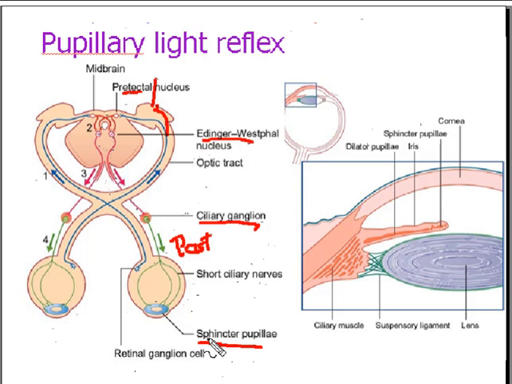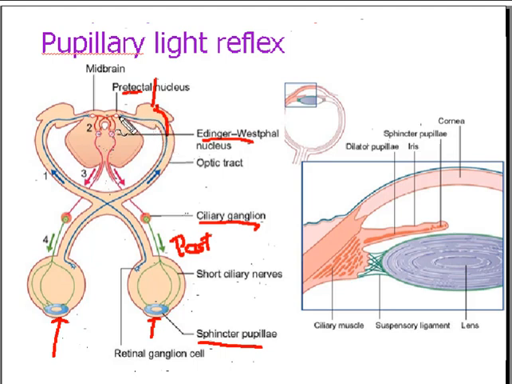So to repeat the reflex again, light strikes your retina, it stimulates the retina. The fibers from the retina travel in the optic nerve. The nasal fibers cross and the temporal fibers remain on the same side and go in the optic tract. 10% of the fibers leave the tract and go and synapse in the pretectal nucleus.